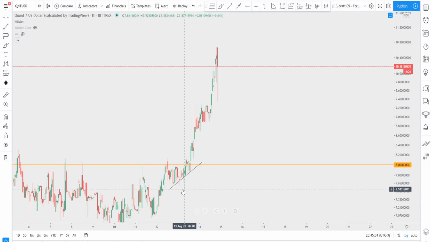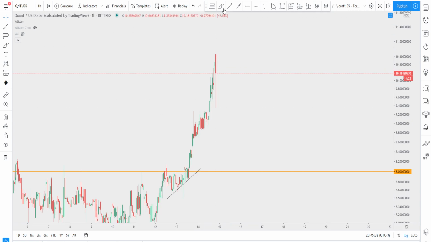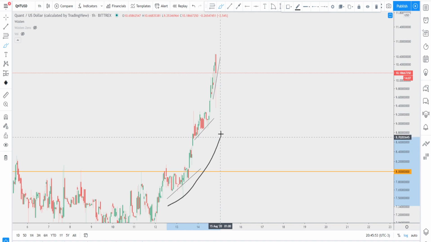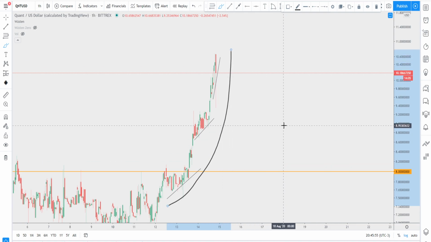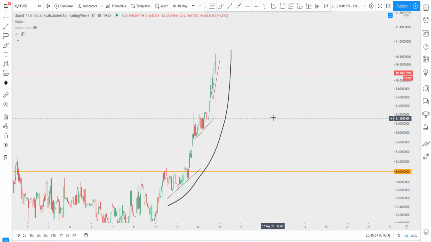Okay, so ascending move, and then another one, and then a straight parabolic one. So that's when the lines start to change, as you guys can see here. It's when things start to get dangerous. Okay, so this is the 1 hour chart, not a big deal.